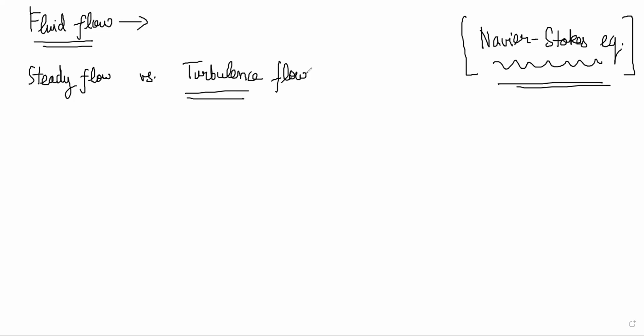As a particle goes from A to another point B, its speed and direction may change, but all the particles reaching A will have the same speed at A, and all the particles reaching B will have the same speed at B. Also, if one particle passing through A has gone through B, then all the particles passing through A will also go through B. Flow is completely predictable: as long as you focus on any particular point in the flow, whatever is the velocity of the particle at that point will be the same forever.